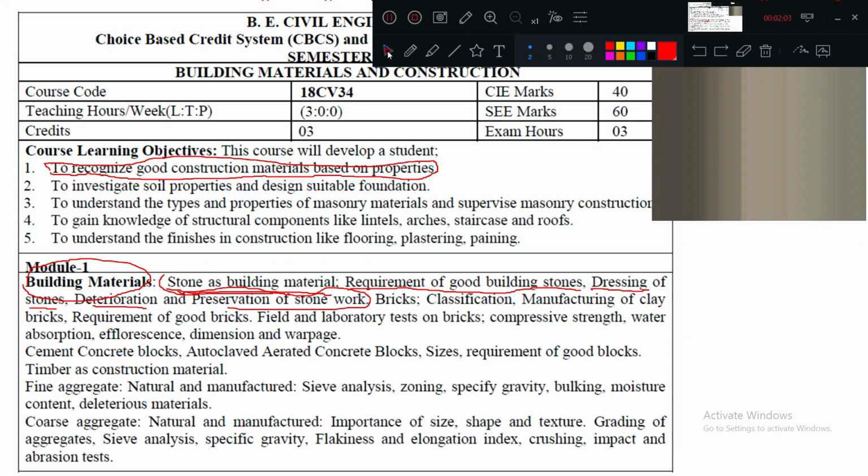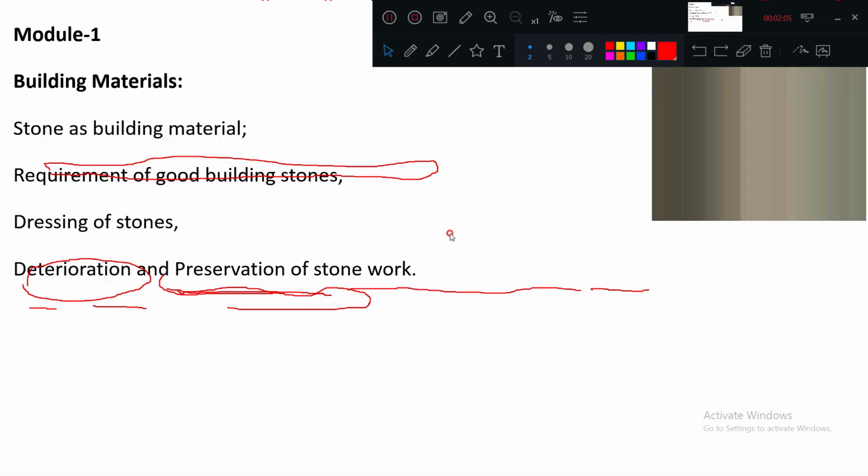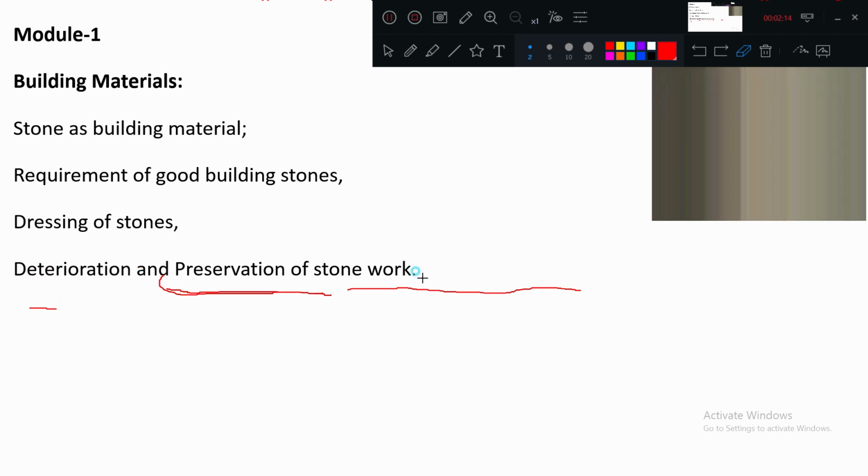In the next slide, we will start one by one.